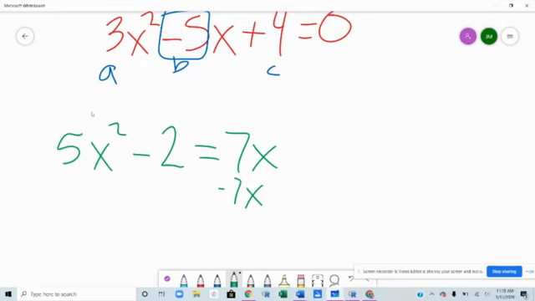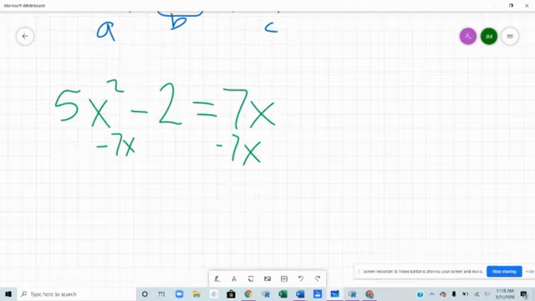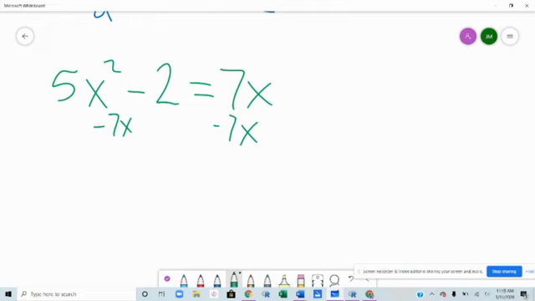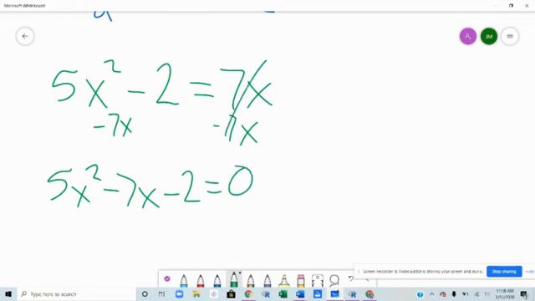So remember, it should be x squared and then x and then constant. So I'm going to squeeze it in the middle here, in between the x squared and the constant. So then when I write my answer, I get 5x squared minus 7x minus 2 equals 0, where A is 5, B is negative 7, and C is negative 2.